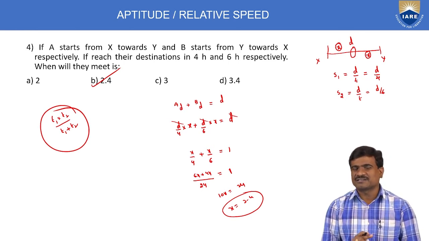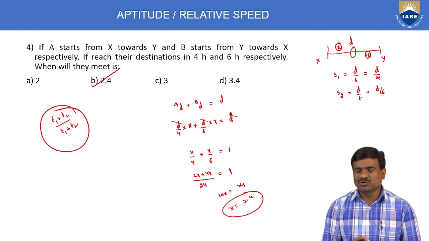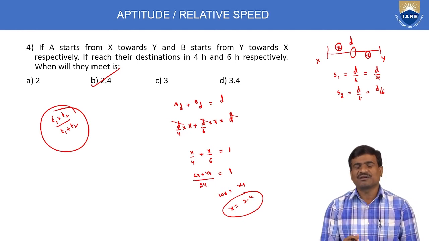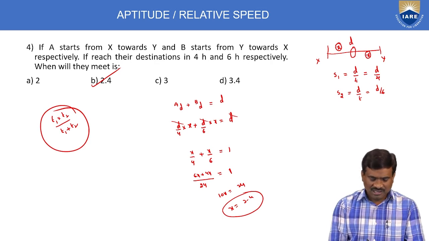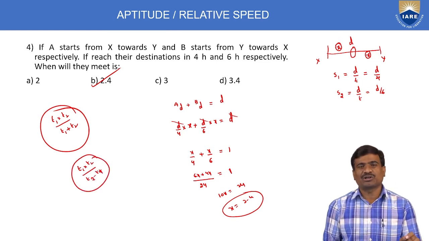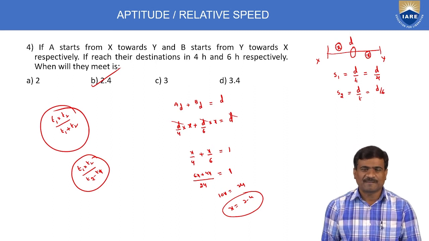Where T1 is equal to 4 and T2 is equal to 6, T1 into T2, 4 into 6, divided by 4 plus 6, 24 by 10, 2.4 hours. Similarly, if the problem belongs to same direction, then the meeting time is equal to T1 into T2 by T2 minus T1. Same direction is the denominator difference method.